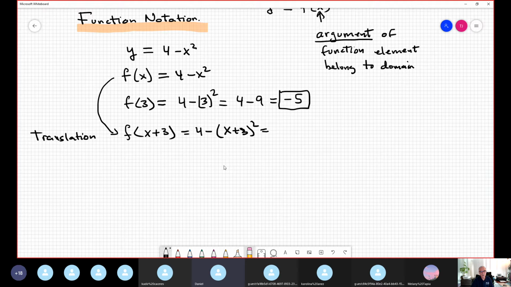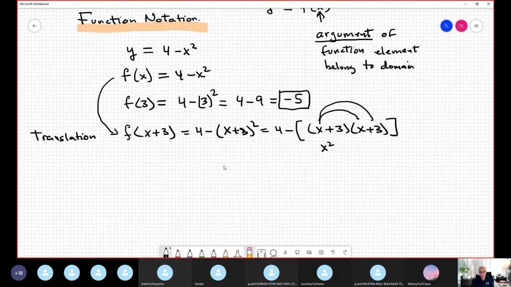Let me try to manipulate this algebra. This is 4 minus bracket. I put a bracket too because I want to FOIL that, guys. This is x squared, plus 3x, plus 3x again, and this is 9.